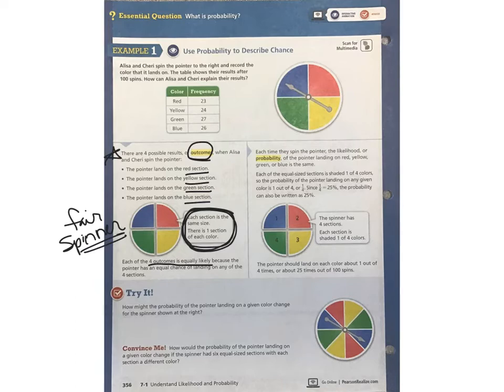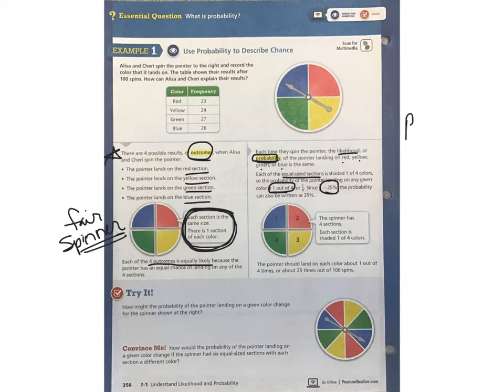Each time they spin the pointer, the likelihood or the probability of the pointer landing on red, yellow, green, or blue is the same. Each of the equal-sized sections is shaded one of those 4 colors, so the probability of the pointer landing on any given color is 1 out of 4, or 1/4. And since 1/4 is equal to 25%, the probability can also be written in a percentage form.